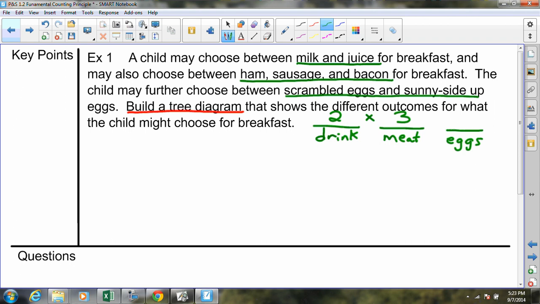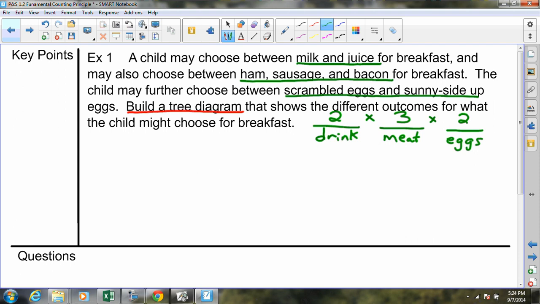But there's also eggs, and there are 2 choices for the eggs. The fundamental counting principle will tell us when we build our tree diagram for the 3 things together, 2 times 3 is 6, times the other 2 is 12. Our tree diagram should have 12 branches on it. That's what the fundamental counting principle does for us.